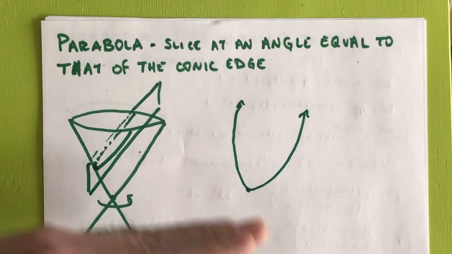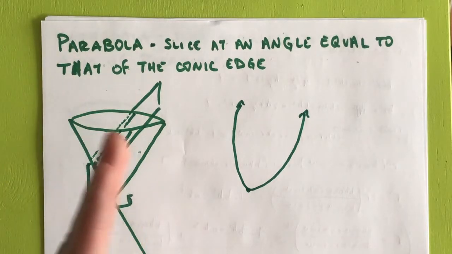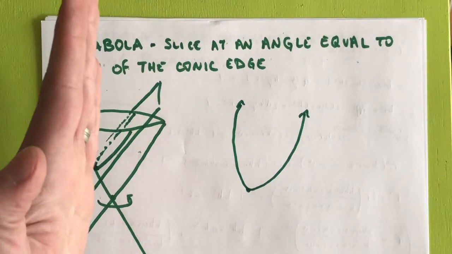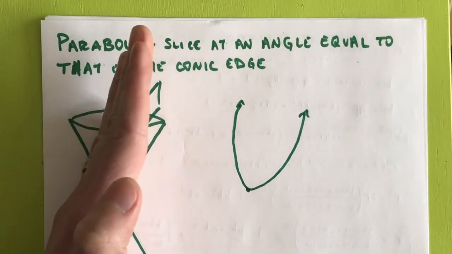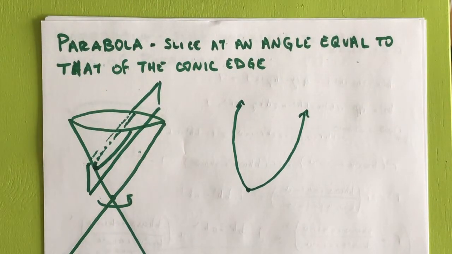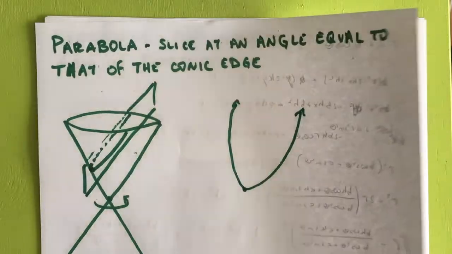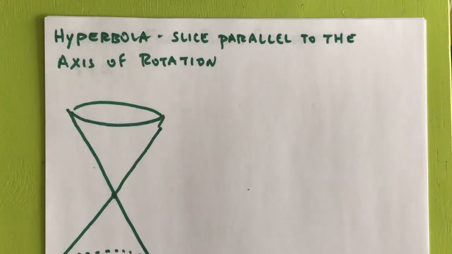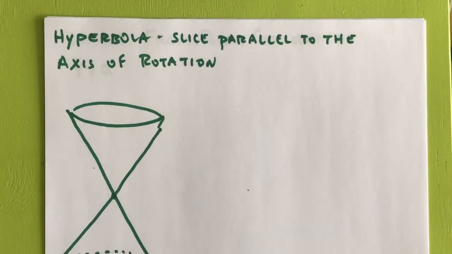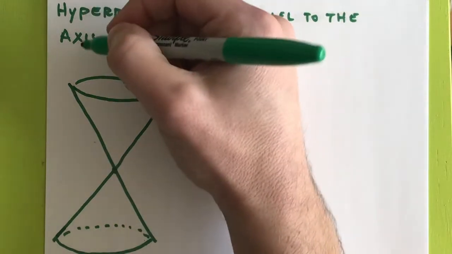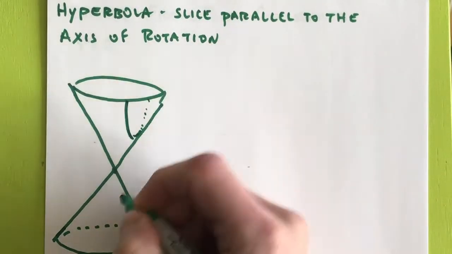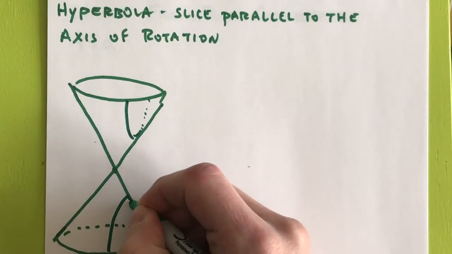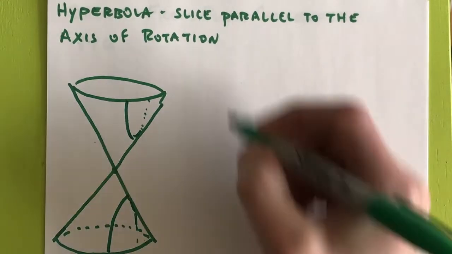And our fourth, if we take our plane and we just keep on switching that angle, if we go greater than the angle of the side so that we intersect both the top and the bottom portion of the cone, we get what's known as a hyperbola. So our plane comes down, it's going to intersect both sides of our cone there.